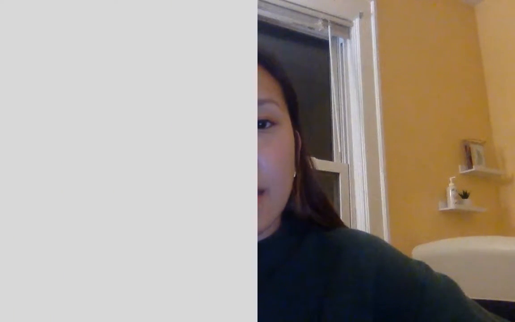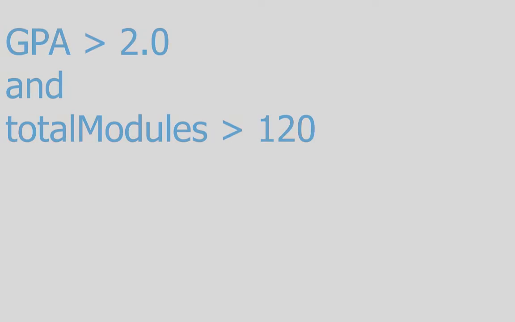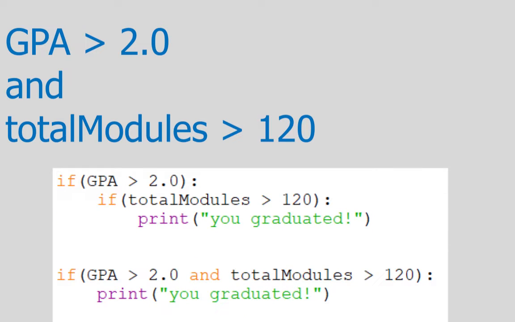For an example of using and, let's say we have a program that determines if a student can graduate or not, and the requirement for graduation is that the student has to have a GPA higher than a 2.0, and that the student has to have completed 120 modules by the time of graduation. You could make these into two if statements, but with logical operators, we can shorten that down and use a lot less code.